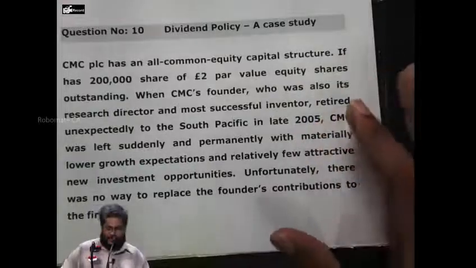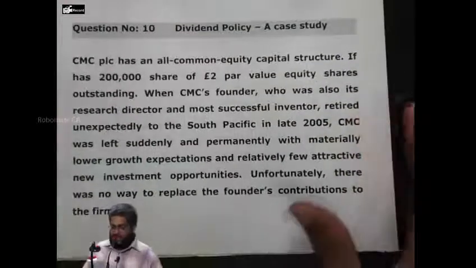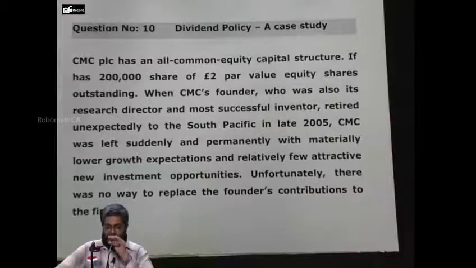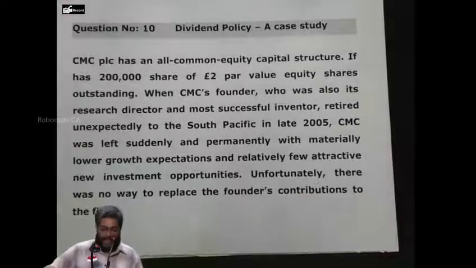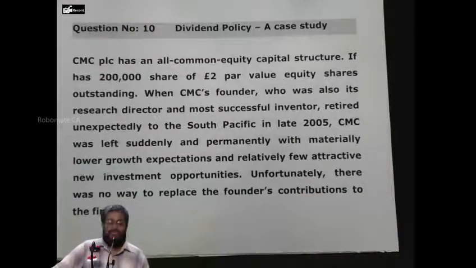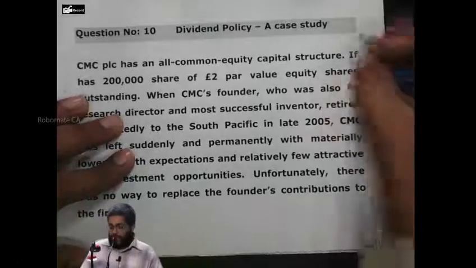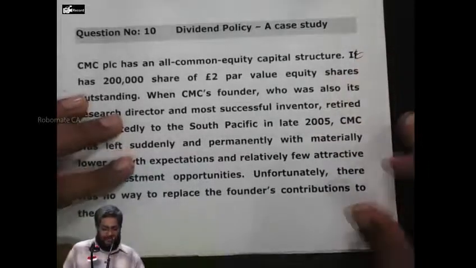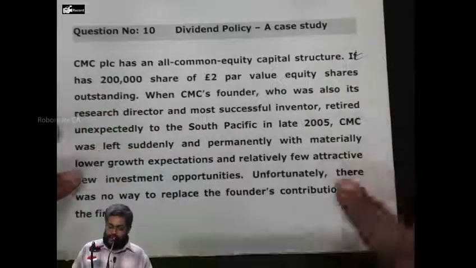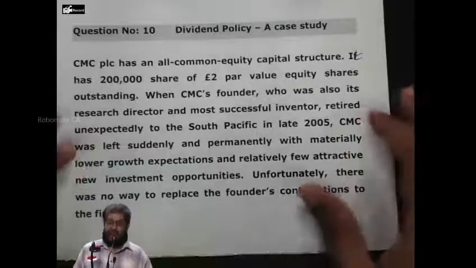Can I start or not? CMC PLC has an all common equity capital structure. It has 2 lakh shares of £2 par value equity shares outstanding.